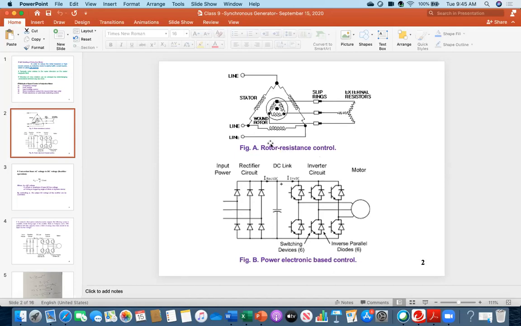As I explained before, this part is rotating, but this resistor is static. This is an external resistor, actually not part of the rotor circuit. This is moving. You see the slip ring is written at the terminal.